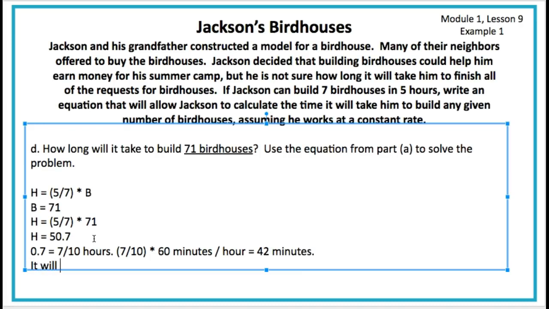It will take Jackson 50 hours and 42 minutes to build 71 birdhouses.